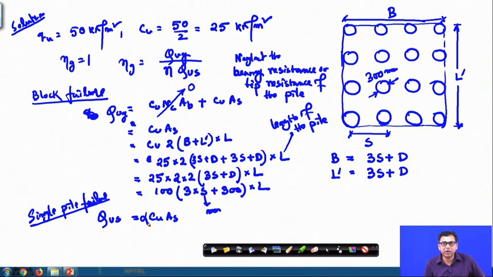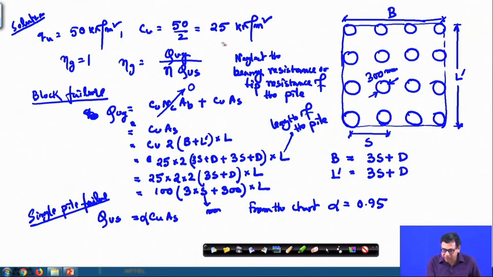From the chart we get alpha; we have given the figure of the chart of alpha corresponding to Cu.